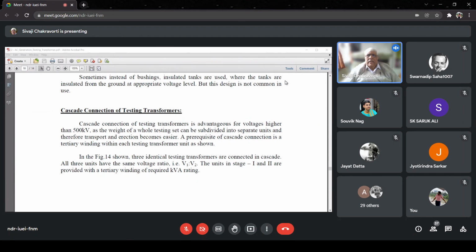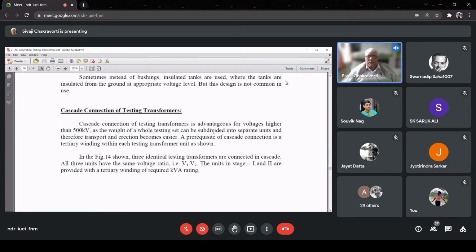And the third one is that if you make one transformer of 500 kV rating, then you have to provide insulation for 500 kV between ground and high voltage. I can tell you that if you take the cost of insulation from the practical side, it doesn't increase linearly with voltage. In fact, a thumb rule says that it increases with the cube of the voltage. That means if the voltage is doubled, the insulation cost is 8 times, 2 to the power 3.